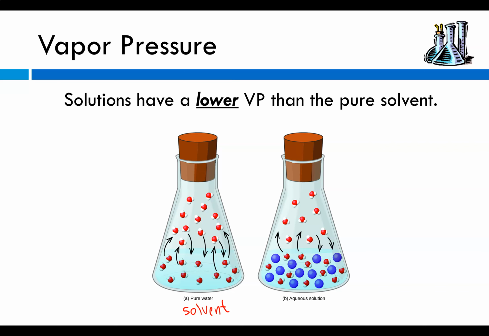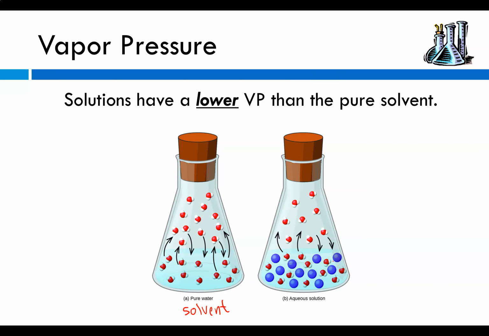If you think about why that might occur, there's a couple different explanations you can use. If you think about the pure solvent, every single molecule at the top layer is going to be the solvent. It's going to be easy for that to evaporate because it's usually the particles up at the top that are the ones that are going to leave the liquid phase and become a vapor. If you look at the aqueous solution, not every single molecule that's in contact with the air above it is water.